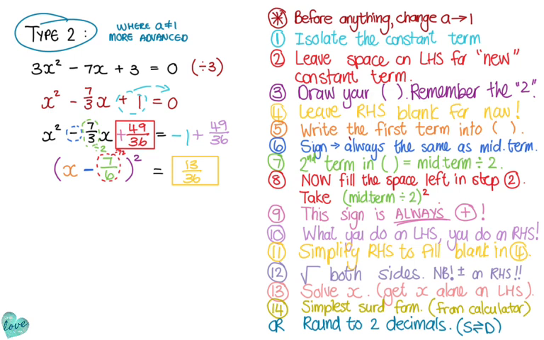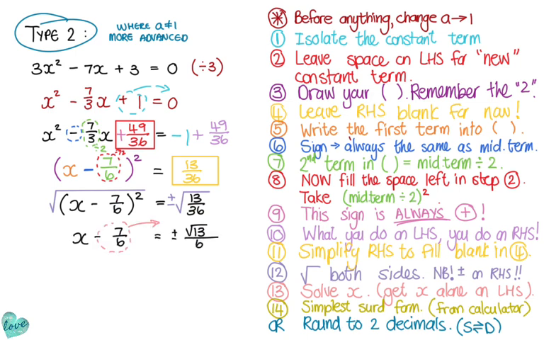Next step, we are going to solve for x by square rooting both sides, but the right-hand side is plus or minus. Remember that we need 2 solutions. Now we need to isolate that x to solve it, so that -7 over 6 moves over to the right-hand side.